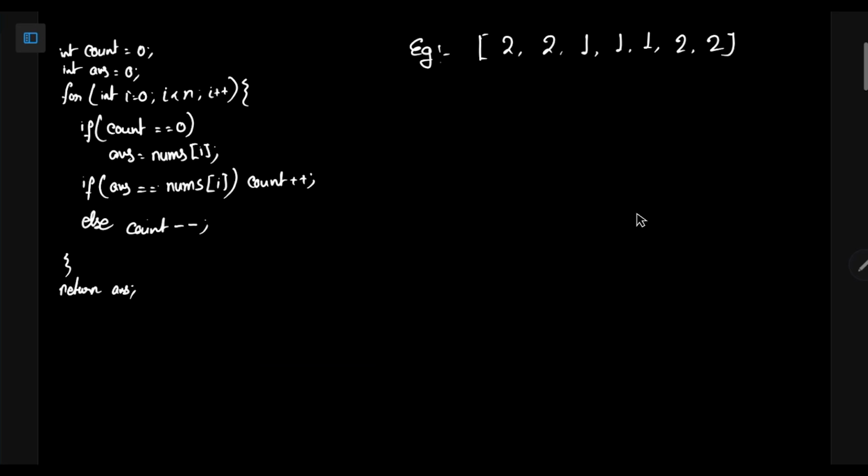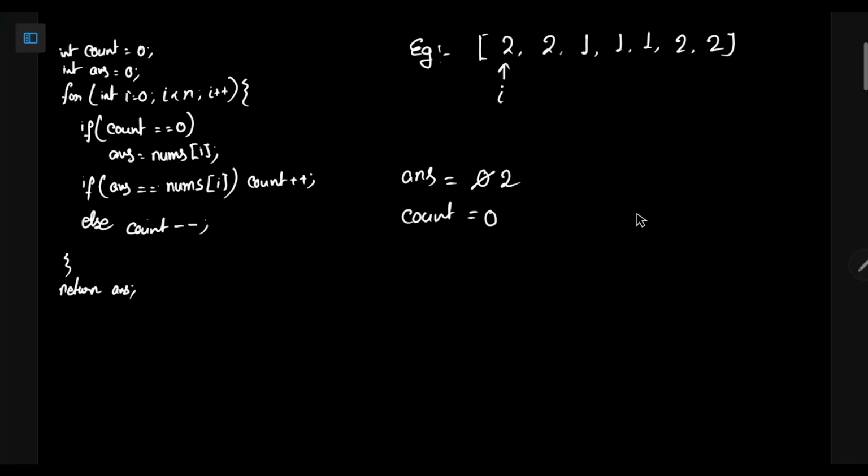We will maintain two integers, one is answer and another is count. First count is 0, answer is also 0, and this is our ith index. Initially I is 0, and it will check if count is equal to 0, then in answer put nums of I, so this will be 2.